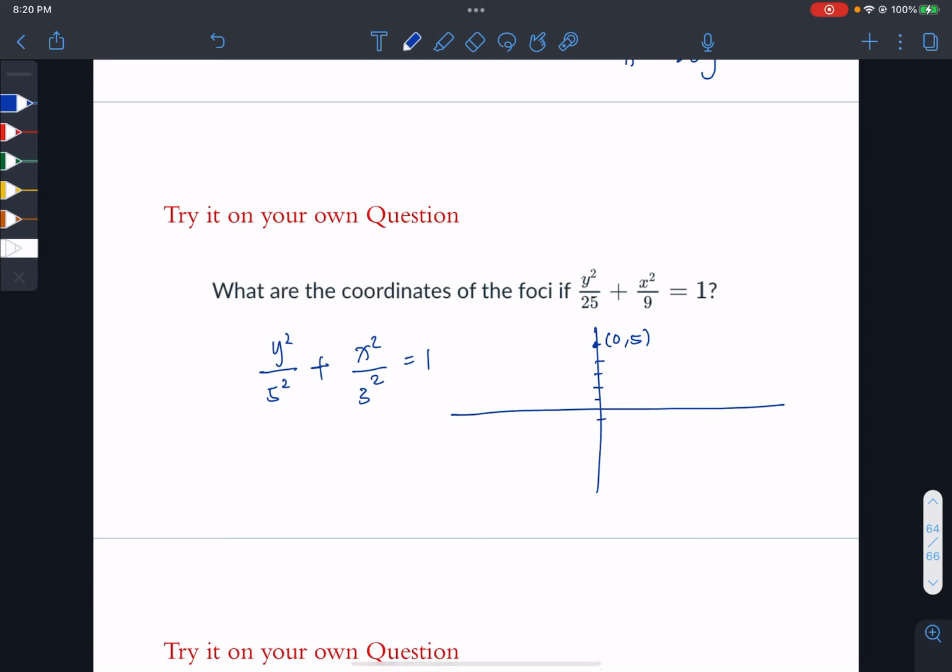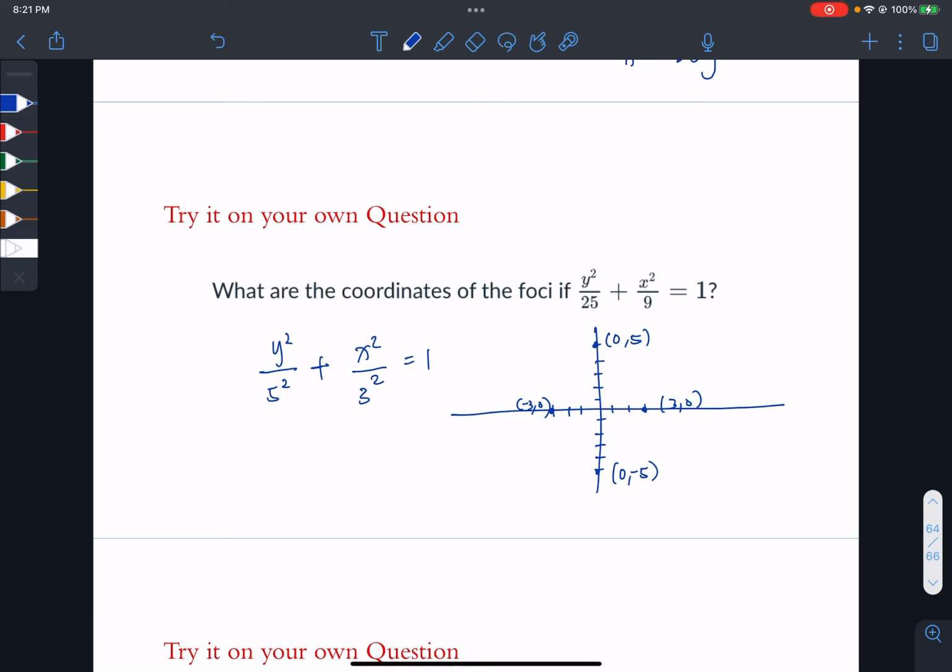Meron din tayo dito 1, 2, 3, 4, 5, that is 0, negative 5. Tapos yung isa natin is sa minor, 3, no? So 1, 2, 3 and 1, 2, 3. So we have 3, 0 and negative 3, 0.